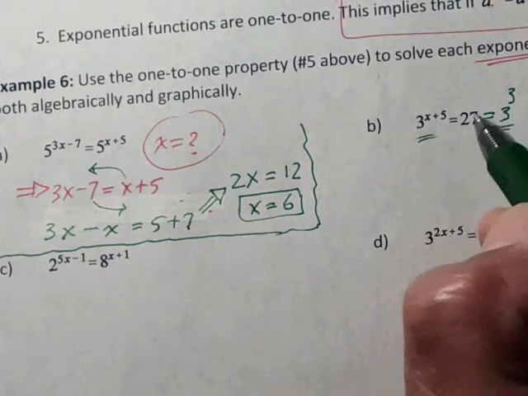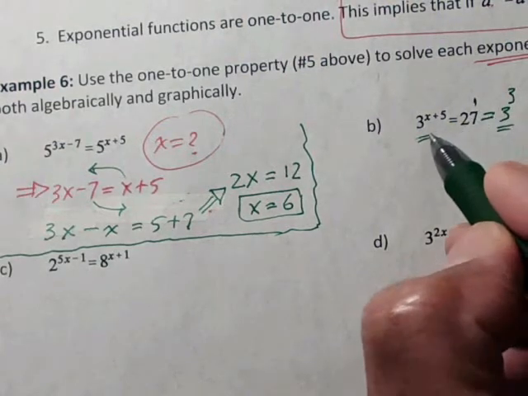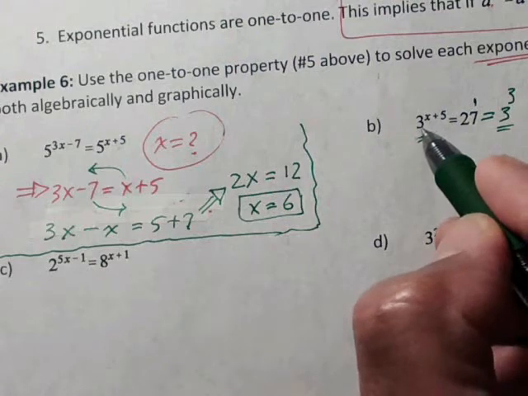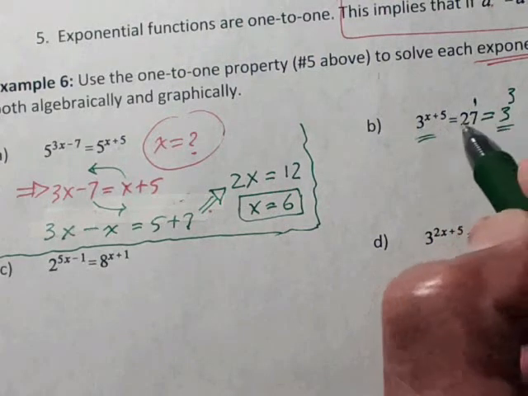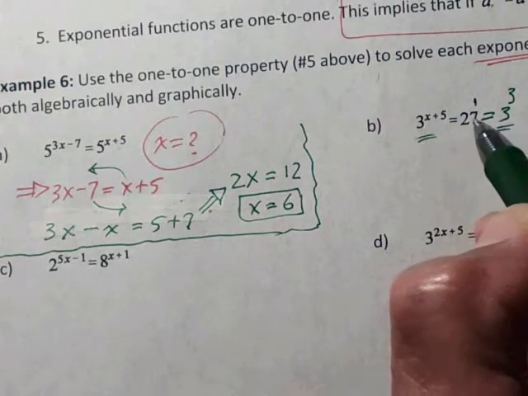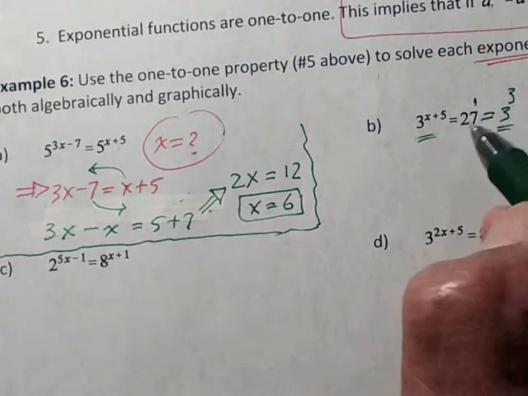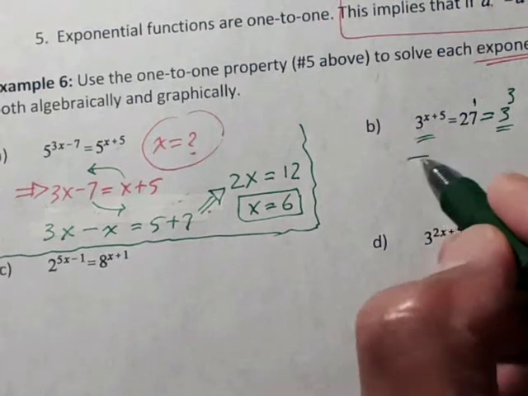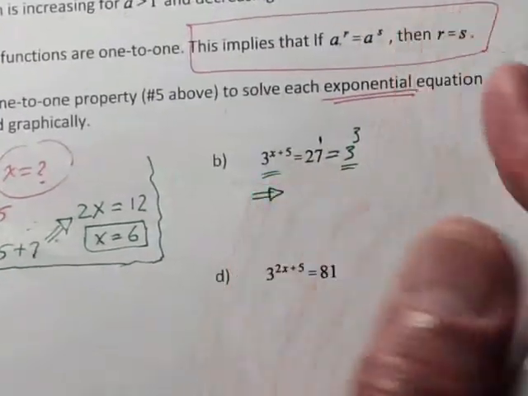First I didn't have the same base. I have base 3 here and base 27 to power 1 there. But I made the bases the same because 27 to power 1 is the same thing as 3 to power 3.